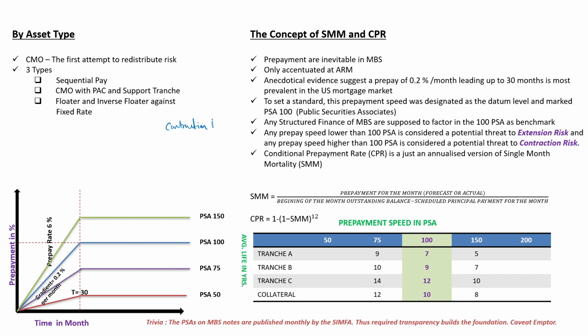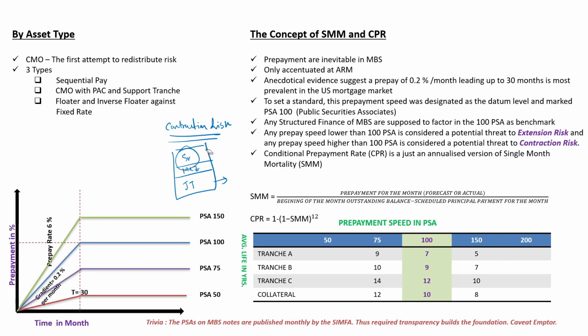Mind you, this contraction risk is regardless of the structure themselves, because the senior structure is only going to be protected by the junior tranches to the extent of their face value. Beyond the face value, it is called a busted tranche or a busted PAC. Beyond those face values, the contraction risk would ultimately accrue to the senior note holders as well.